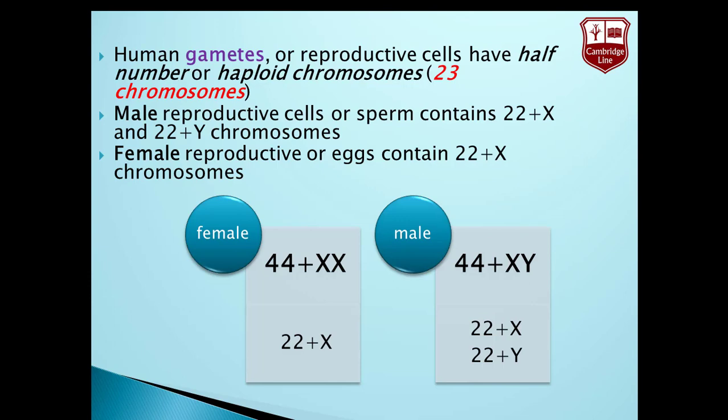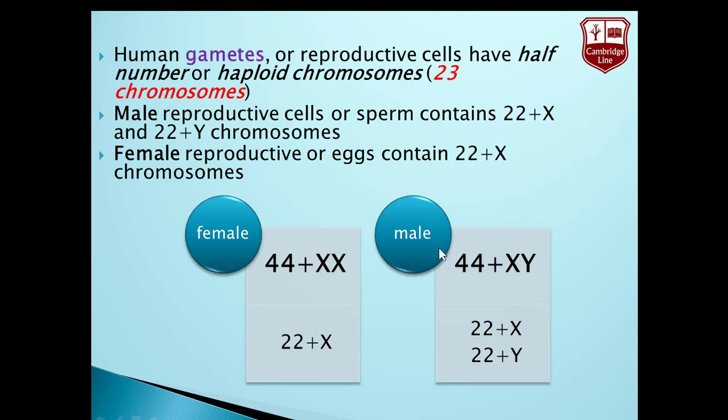So you can see how reproductive cells have half the number, or haploid, of chromosomes. The male reproductive cell, or sperm, contains 22 plus X or 22 plus Y. There are two versions.